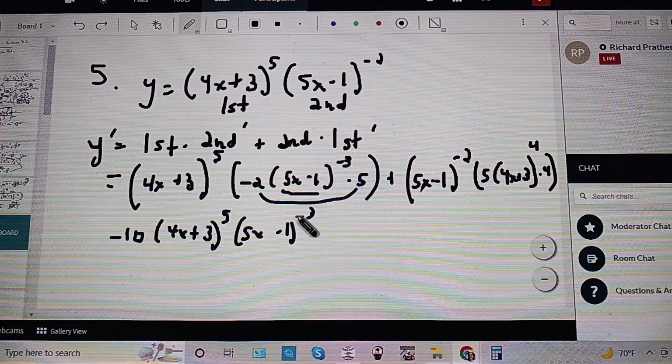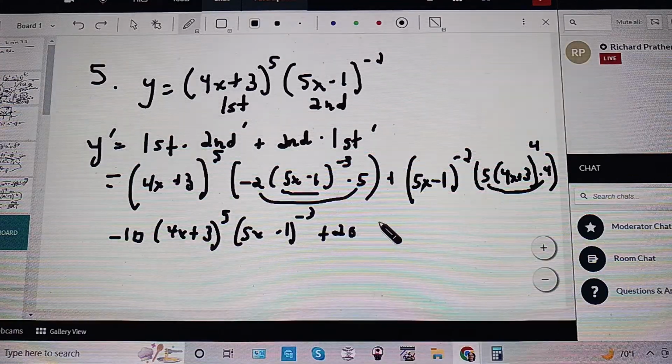Again, possibly you could drop this to the bottom and make it positive 3, but that definitely wouldn't help here. 5 times 4, 20. I would put that in front. And then I've got a, again, order doesn't really matter, but I'll put this one first. And this one second.